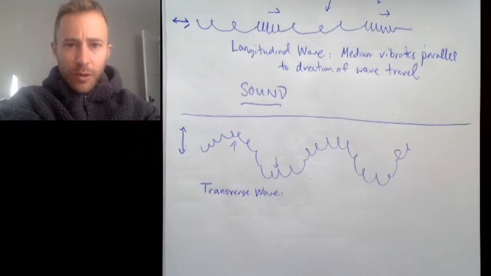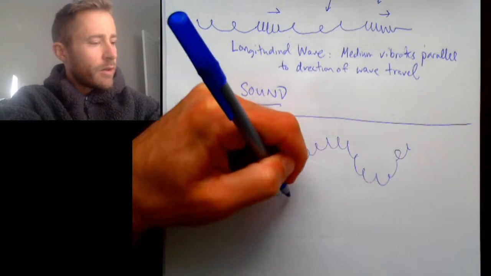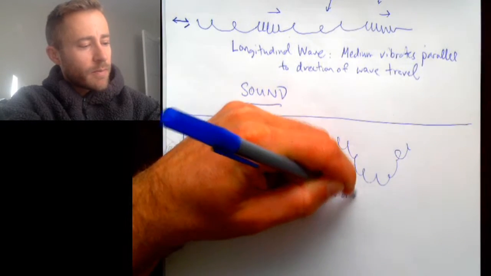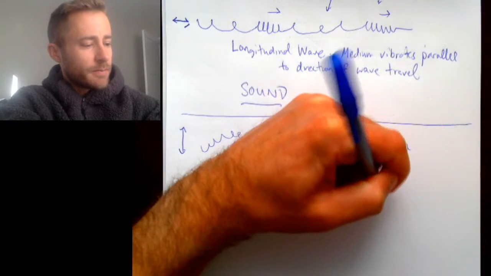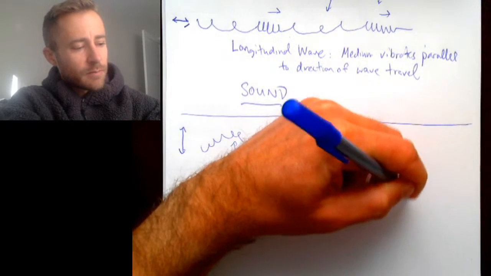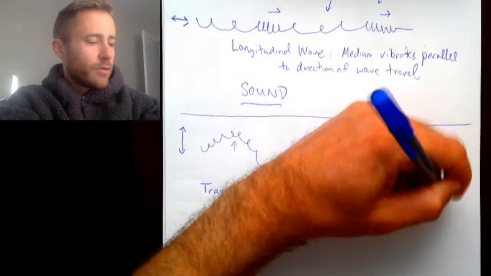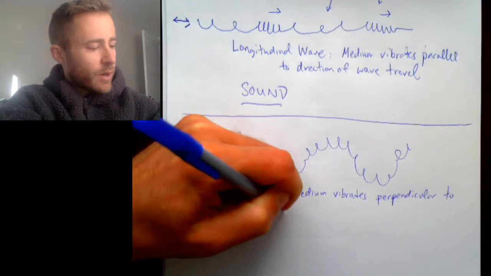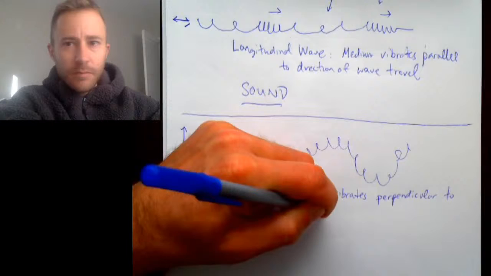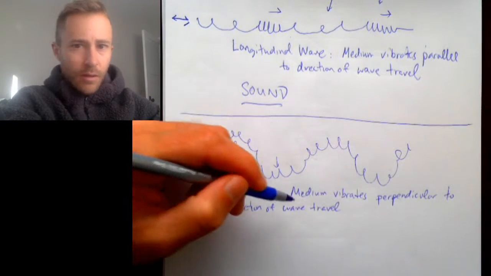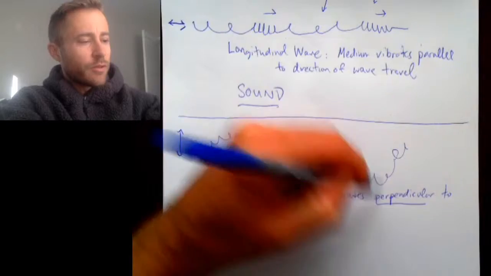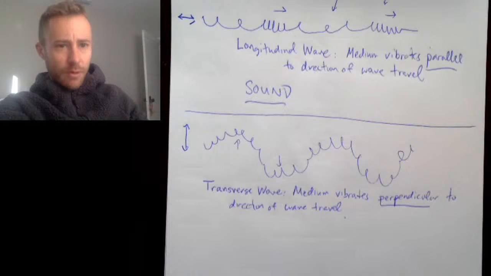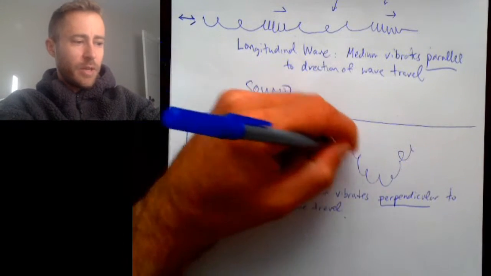For a transverse wave, the medium vibrates perpendicular to the direction of wave travel. So the difference is parallel versus perpendicular. Transverse waves have peaks and valleys.